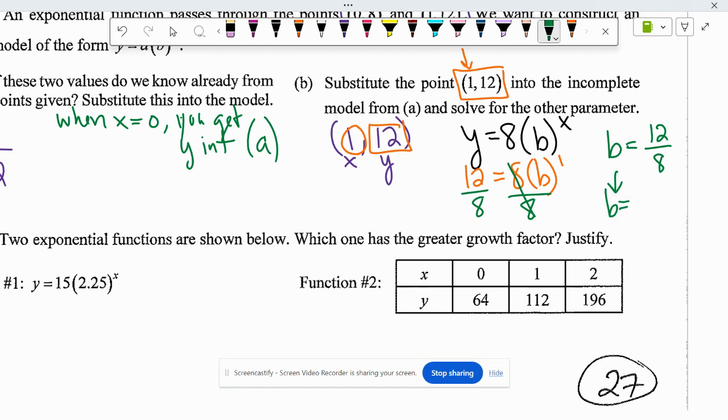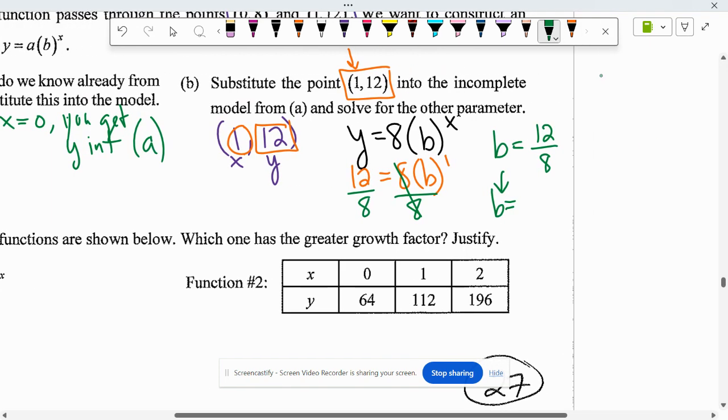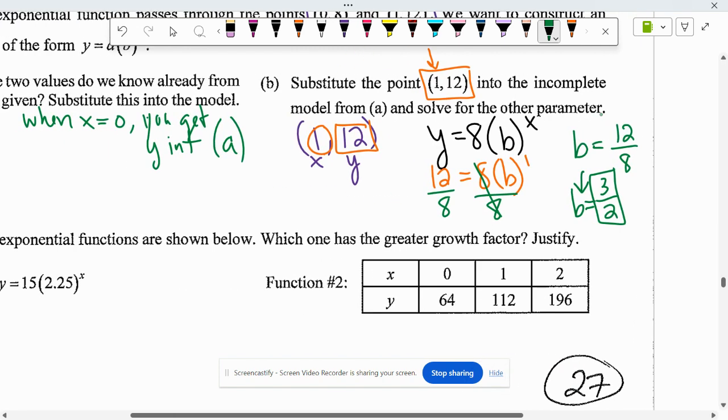Put 12 divided by 8 in your calculator. What do you get as a fraction? 3 over 2. Yeah, it's 3 halves. That's your b value, okay?